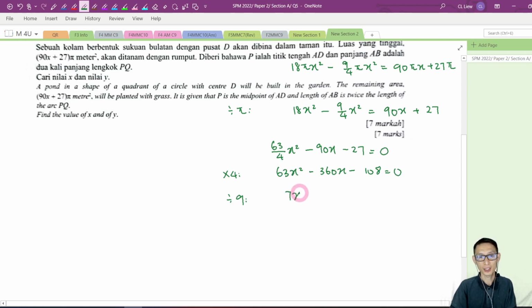Now do you notice that the numbers become smaller, so it's actually easier for you to do the factorization.